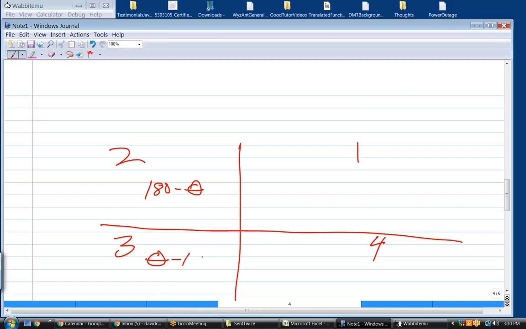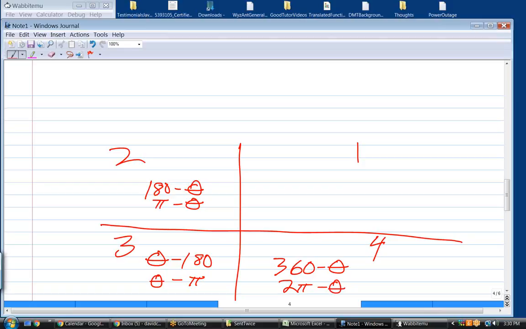Theta minus 180 gives you the reference angle when you're in the third quadrant. 360 minus theta gives it to you in the fourth. Now, if you're dealing in radians, then this is going to become pi minus theta. This becomes theta minus pi. And this becomes 2 pi minus theta.